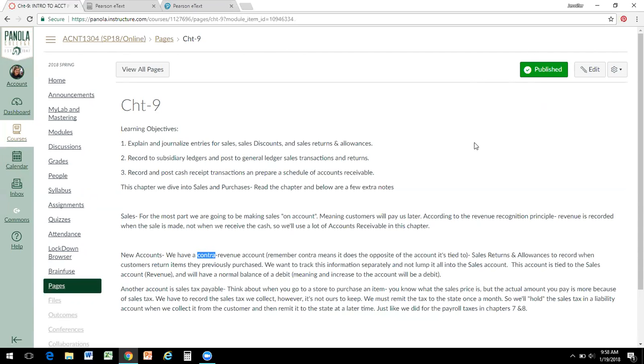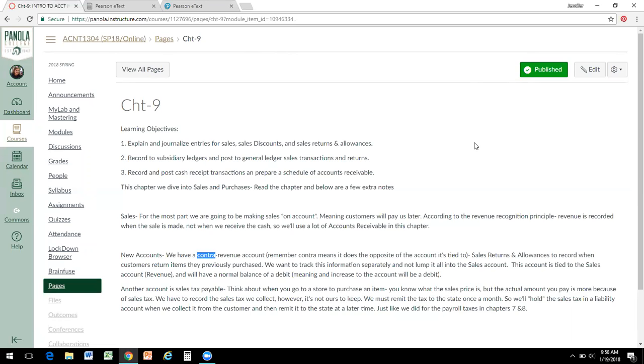So when you purchase something, we'll look at that in chapter 11, 12-ish. When we buy something from our distributors, our vendors, they may offer us a discount. So we'll also have purchase discounts. So sales discounts is what we do with our customers, and purchase discounts is what we buy. So some of this is going to be repetitive.